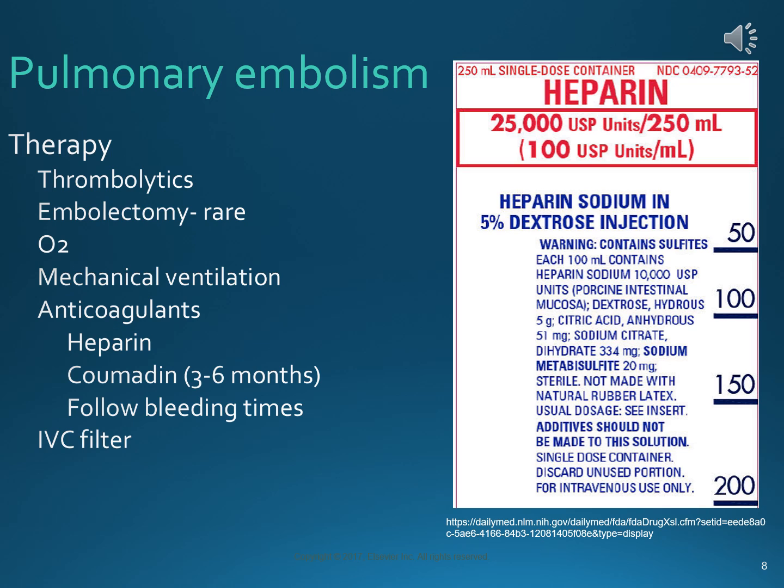So therapy here includes thrombolytics in a life-threatening emergency to dissolve the clot. You're looking at things like TPA that they'll inject directly to the area using pulmonary angiography. Heparin is used.